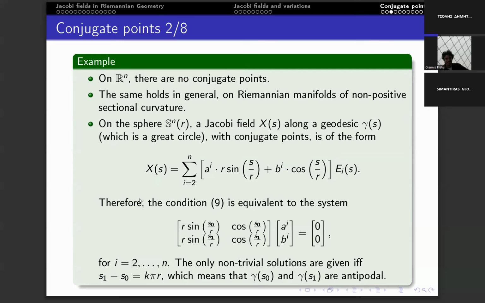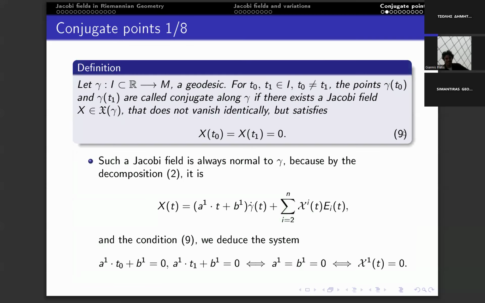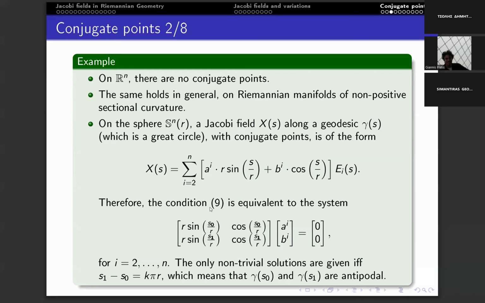So we can see that the definition of conjugate points at times s0 and s1, because we have an arc length, leads to this system of differential equations.